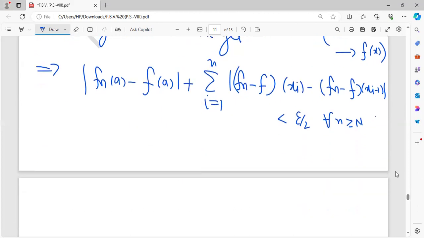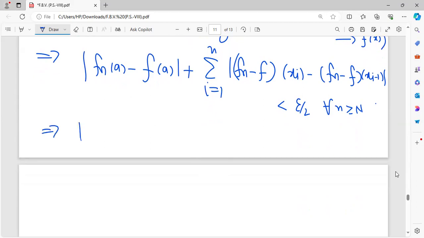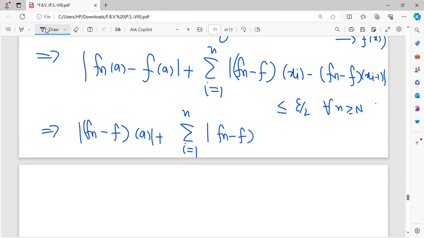Okay. Now, what is this? This implies Fn(a), so I am taking the limit, so it will be less than or equal to, plus the summation over i from 1 to n of (Fn minus f)(xi) minus (Fn minus f)(xi minus 1), that is less than or equal to epsilon by 2 for all n greater than capital N. Now what is this?